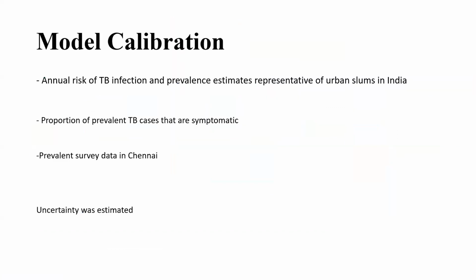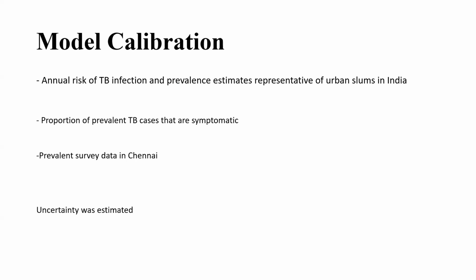So we carry on with the model calibration. This model was calibrated using the annual risk of TB infection and a prevalence estimate representative of the urban slums of India, as well as the proportion of prevalent TB cases that are asymptomatic, and prevalence surveys that have been done in Chennai.